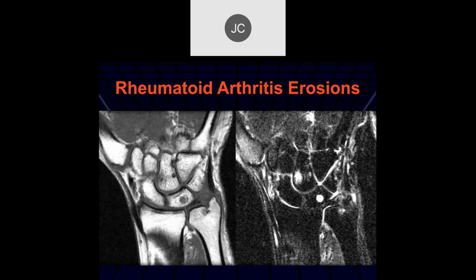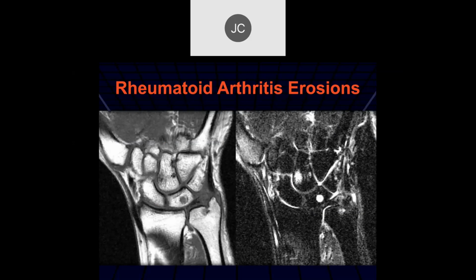And this just shows 1.5T images of a patient with rheumatoid arthritis. Here's what an acute erosion looks like, with indistinct margins and a lot of surrounding osteitis. A subacute erosion, where you can see sharp margins, but it's very bright with a lot of edema in the inflammatory tissue.